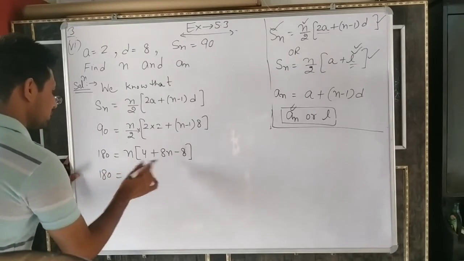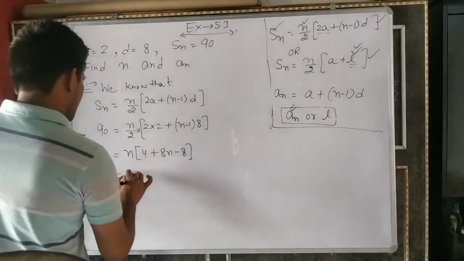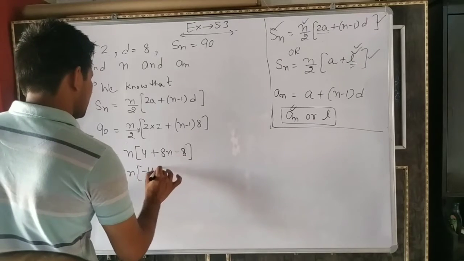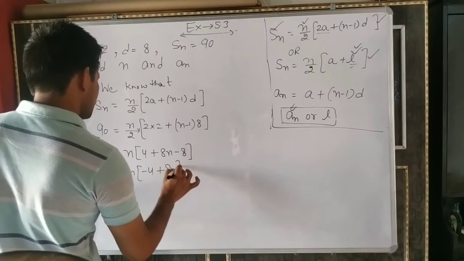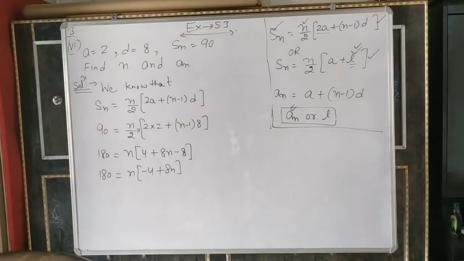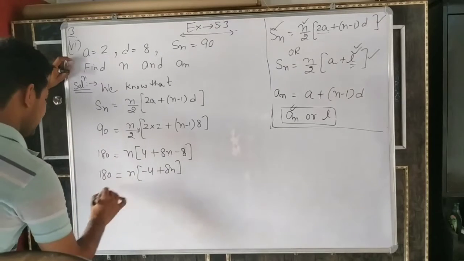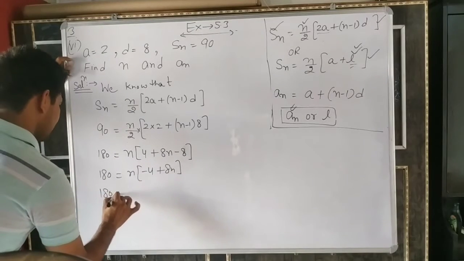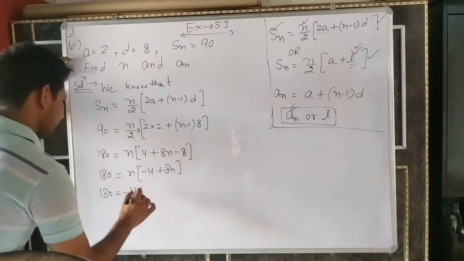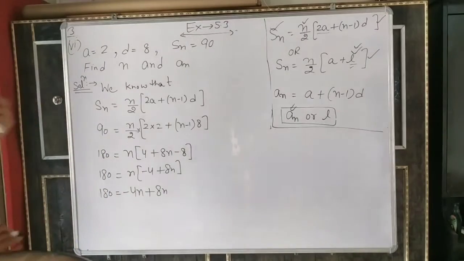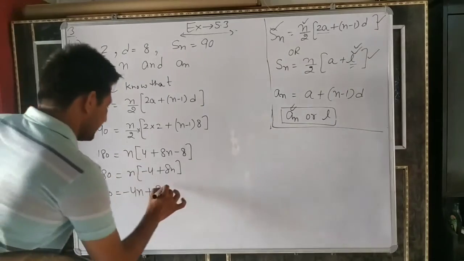180 equals n into (4 minus 8 plus 8n), which is 4 minus 8 plus 8n. Understand dear? Now we will open it. It becomes 180 equals 4n minus 8n plus 8n square.